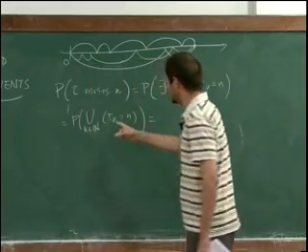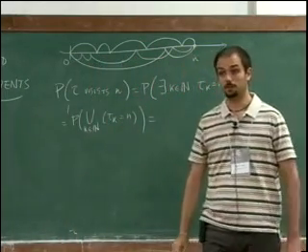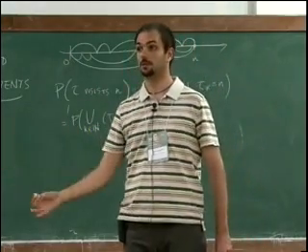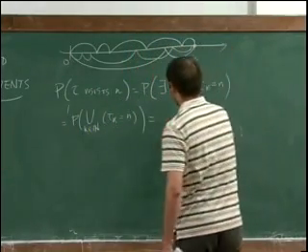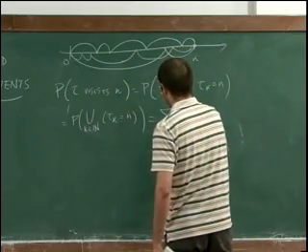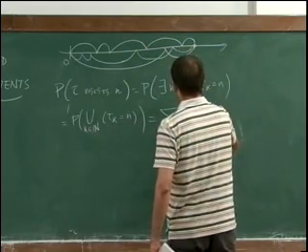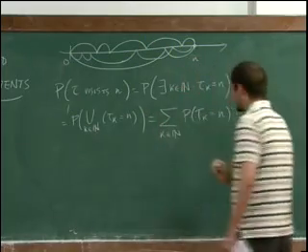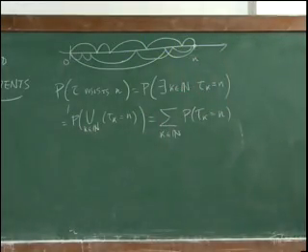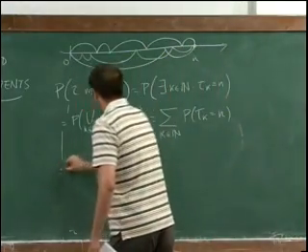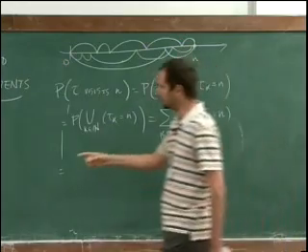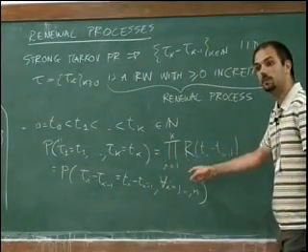Now note that these events are disjoint, because if tau k equals n, tau k plus 1 will be greater, so it cannot be n. So this is just the sum over k of the probability that tau k equals n. And now I will go further. I would like to express more precisely this probability in terms of the law of the first return.